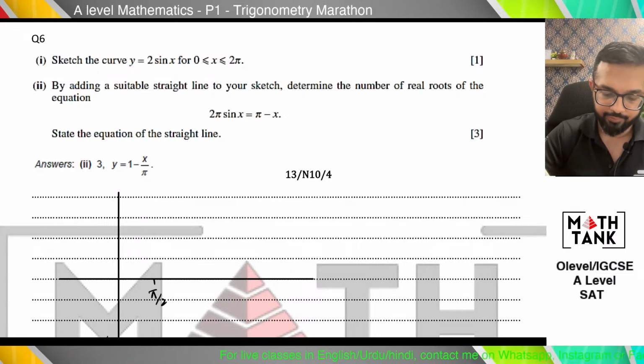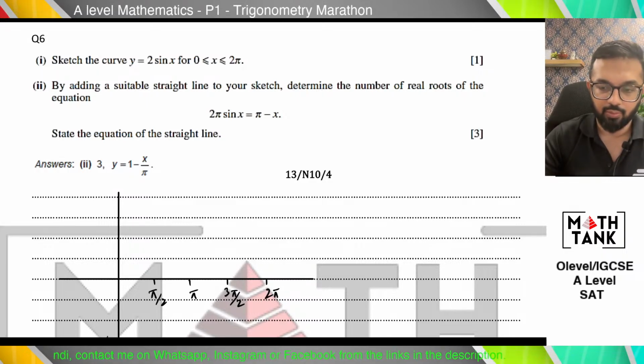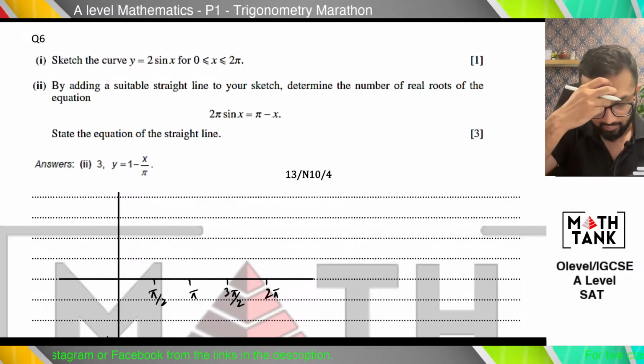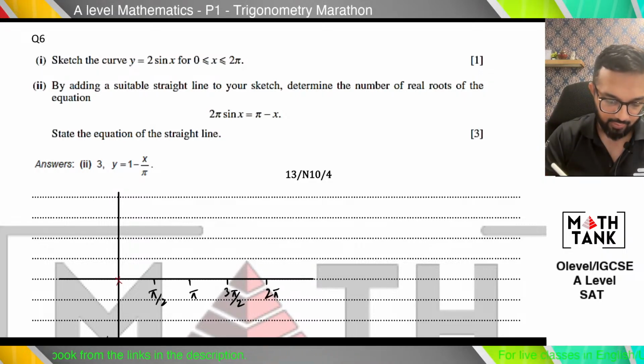Pi over 2, pi, 3 pi over 2, and 2 pi. So what I'm going to do is use my calculator to construct a table and then try to sketch this graph. It's going to start from 0, then go to 2, then this, and then that.